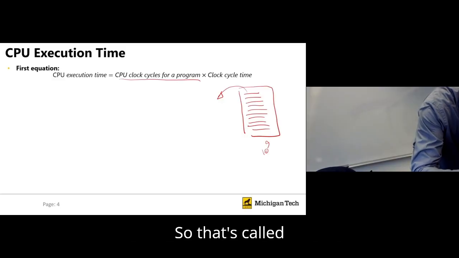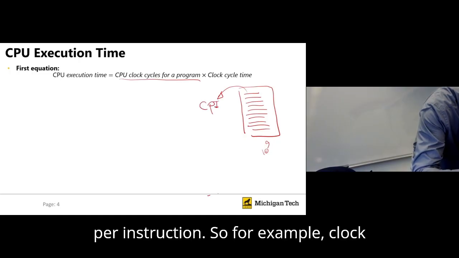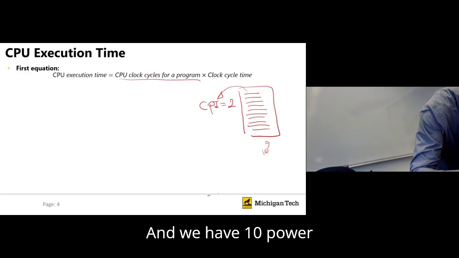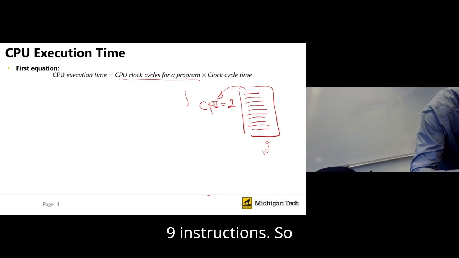So that's called clock per instruction. So for example, clock per instruction for this is 2. And we have 10 power 9 instructions.